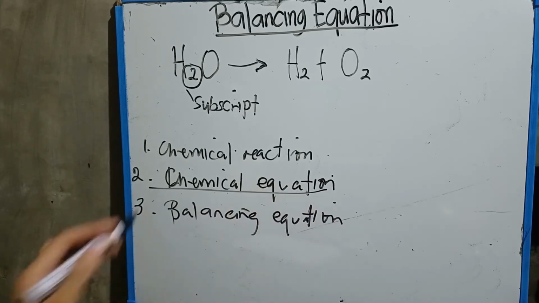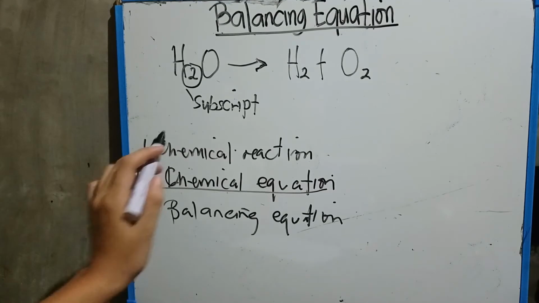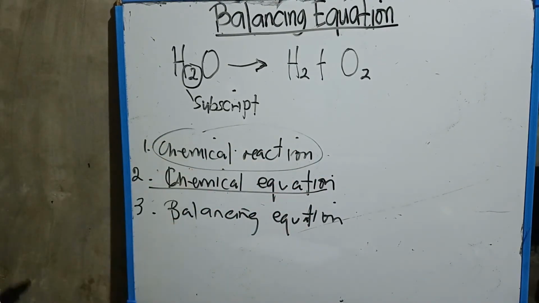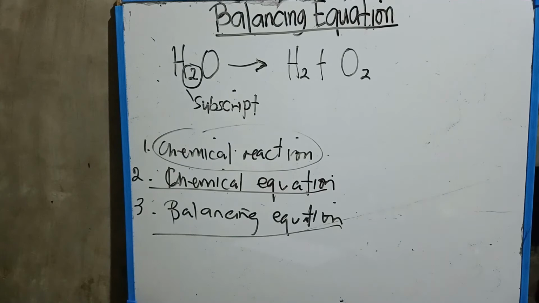This chemical equation shows how chemicals react, or how they combine or decompose. This is what happens during the reactions: either they decompose or they combine. And balancing the equation shows how to balance the chemical equation.